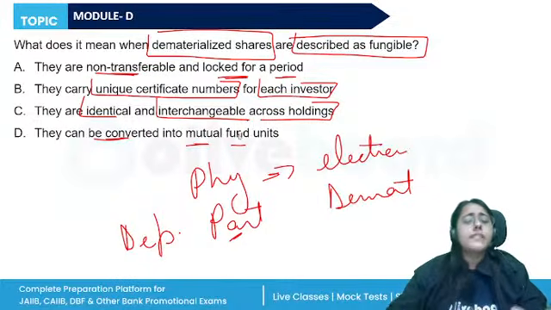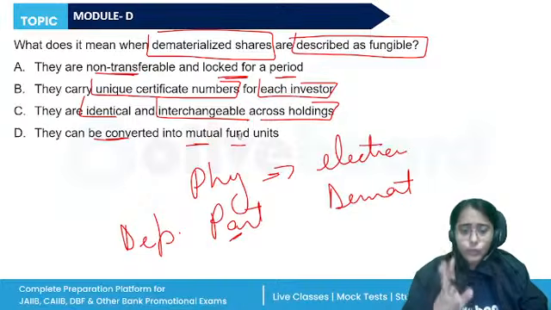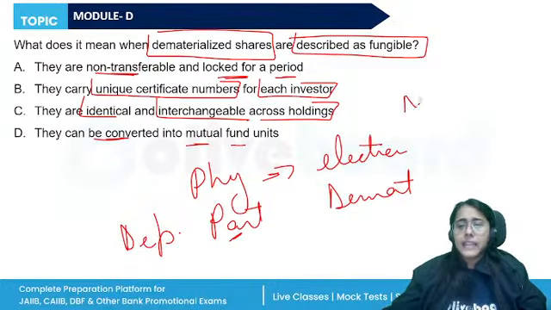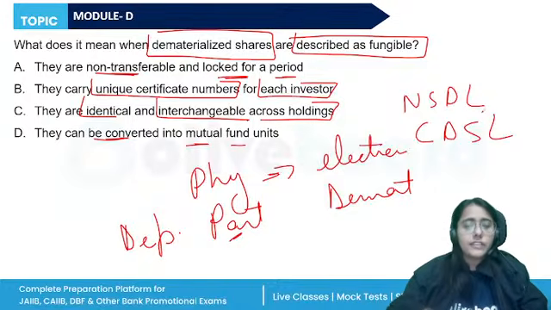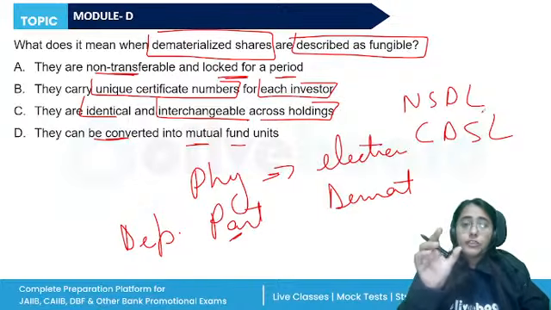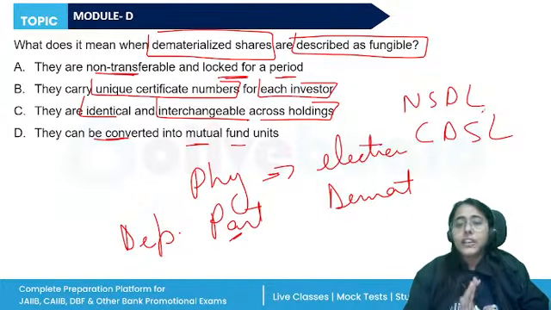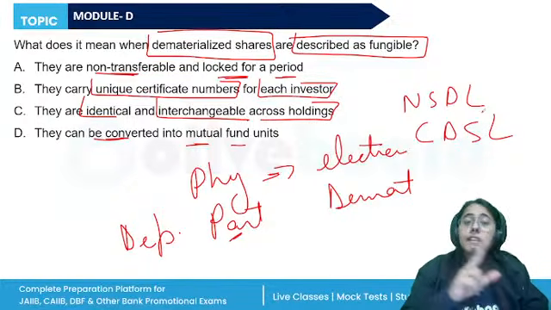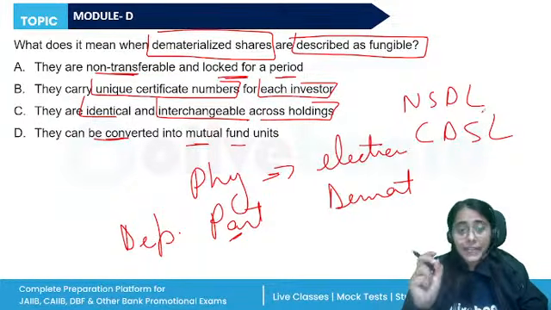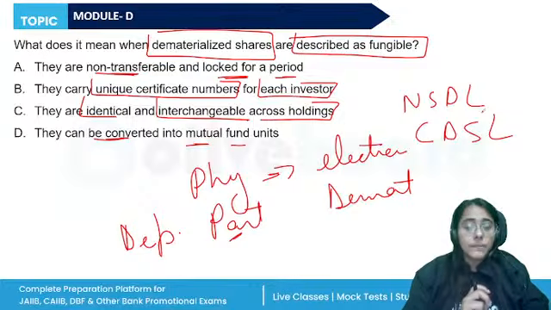What is the meaning of dematerialization? We have already seen there are two depositories, NSDL and CDSL, the National Securities Depository Limited and the Central Depository Services Limited, right? So they provide the facility of holding and transacting securities in the book entry form. Physical securities converted into the book entry form, electronic form, dematerialization.